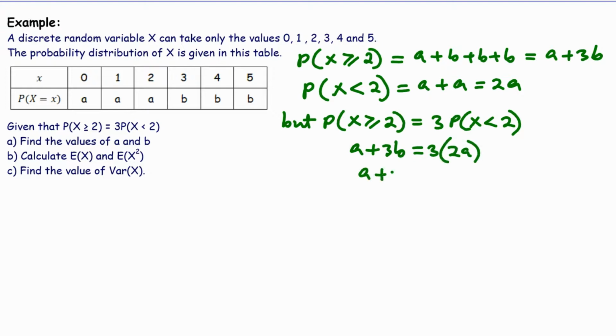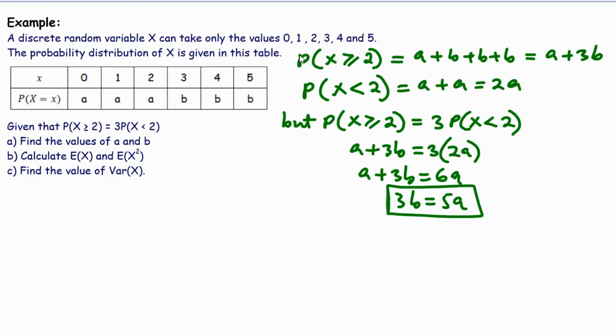So a plus 3b is equal to 6a, or 3b is equal to 5a. We shall just keep that equation for now and look at other things. Maybe that equation will help us at some point in solving for a and b.